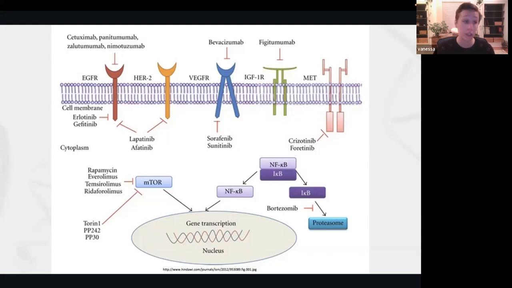The reason why I like this illustration so much is because you see a variety of receptors, and you see where the drugs bind to those receptors. Some of them bind on the outside, the monoclonal antibodies bind on the outside, the small molecules bind on the inside. Some of them will stop the pathway downstream of the receptor. In all of these cases, targeted therapy simply turns off the mutations that are driving the cancer to grow.